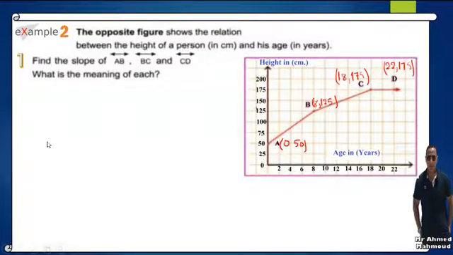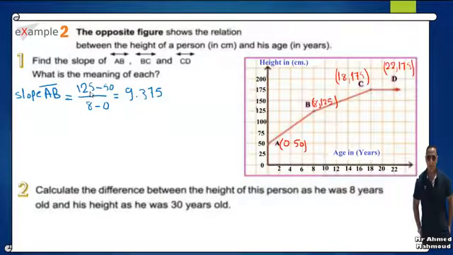Okay, the first case here, the slope of AB equals 175 minus 50 over 8 minus 0, which is equal to... excuse me, it's 125 minus 50 over 8 minus 0, equal to 9.375.